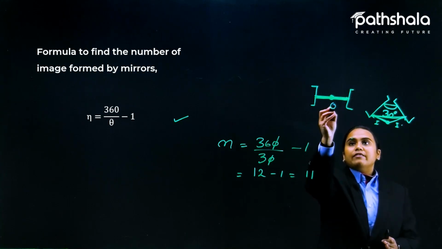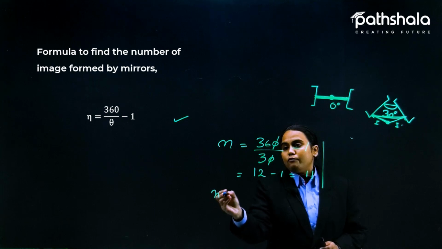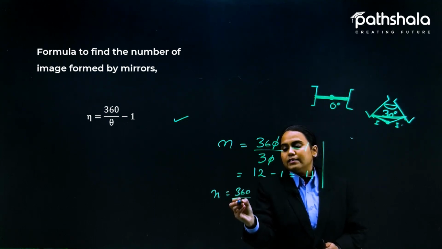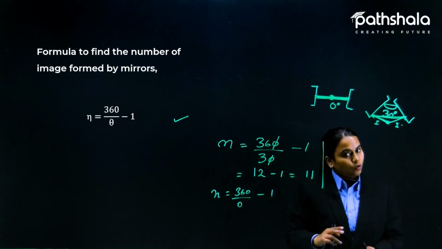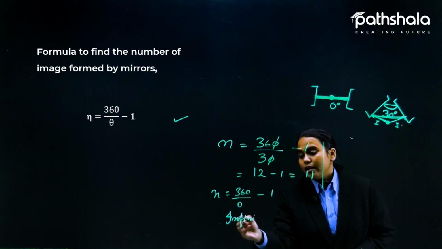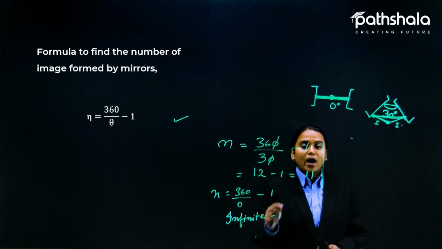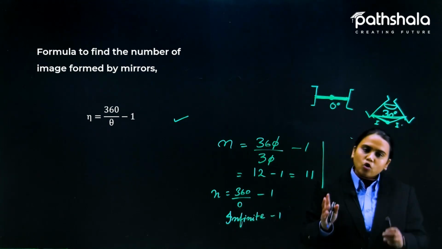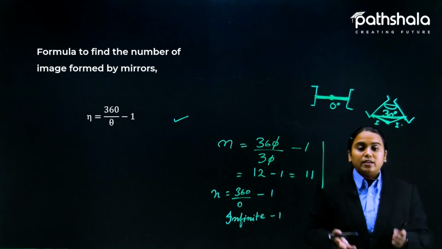So here we have 0 degrees. Now students, in this case n would be 360 divided by 0, minus 1, and dividing something by 0 gives you infinity, that is not defined. If 1 is subtracted from infinity, it would always give infinity only, because we cannot judge what infinity is.